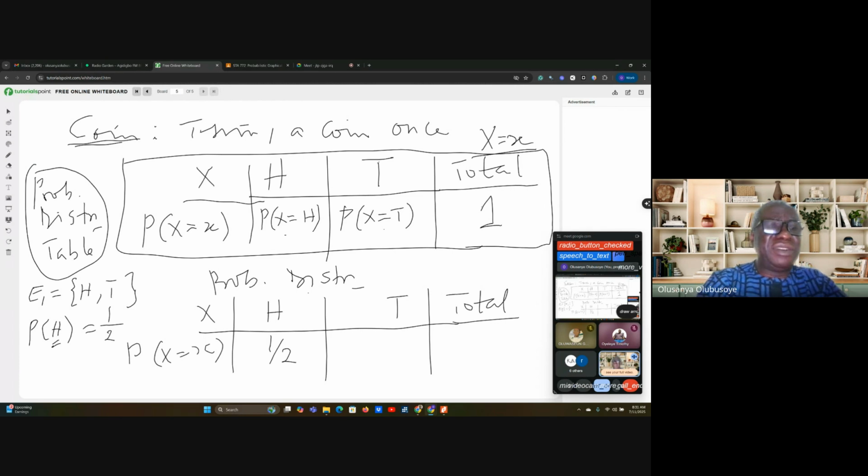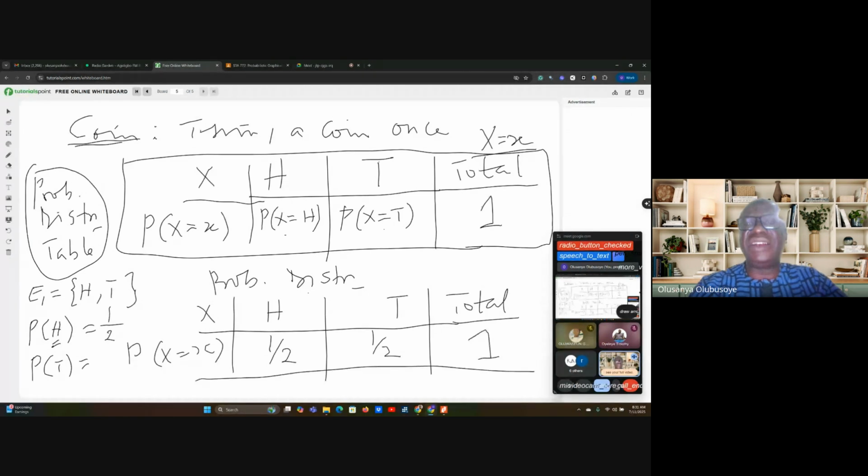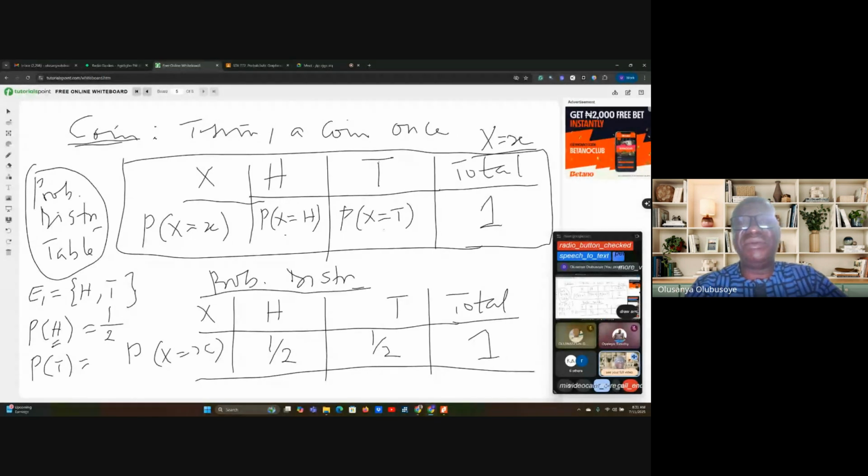Again, if I want the probability of the random variable when the outcome is tail, that again will be half. So that's why the total will be equal to 1. So this is a probability distribution table.